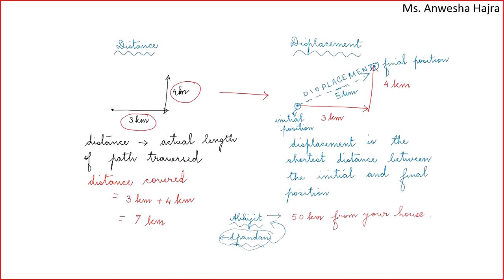Now both of them are very happy. Spandan is happy because he has found Abhijit's car. Abhijit is very happy because he found his own car. Happily, Abhijit goes out of the house to get his car.